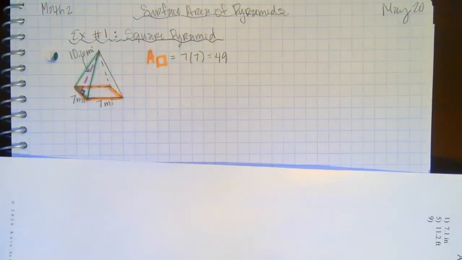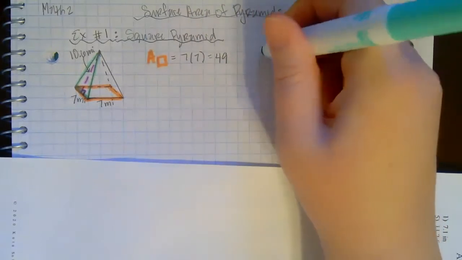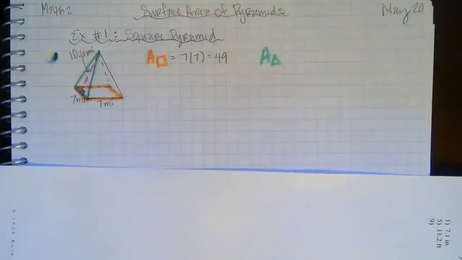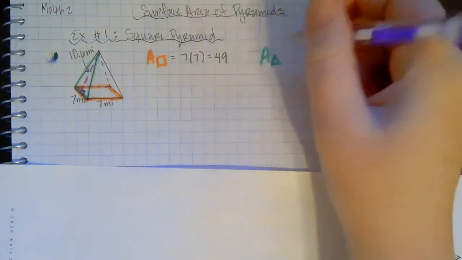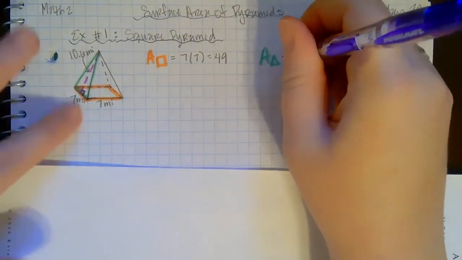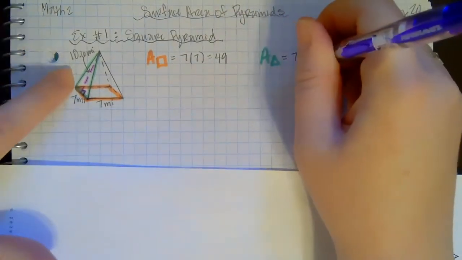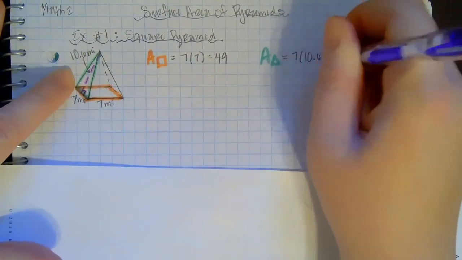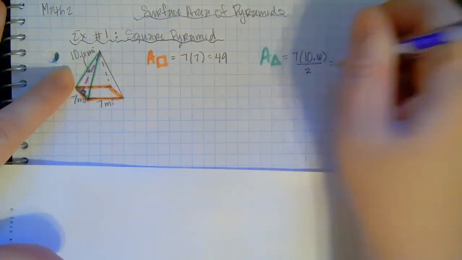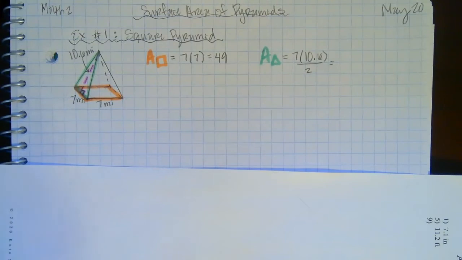So that means that this triangle, we're going to find the area of the triangle. So the area of the triangle here would be base, which is 7, times height, which is 10.6, divided by 2, because that's a triangle. So I would do 10.6 times 7 divided by 2.